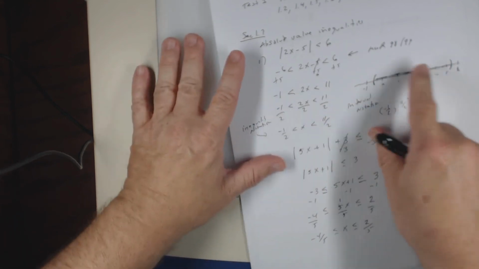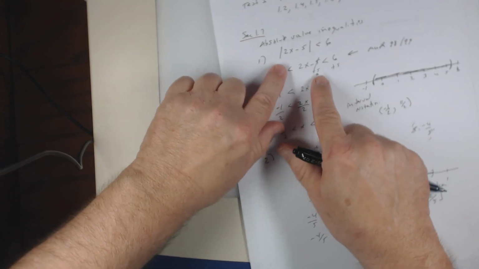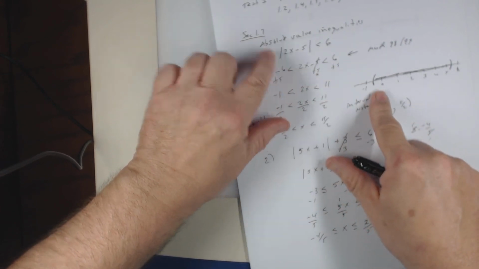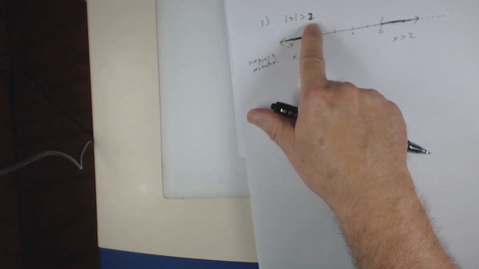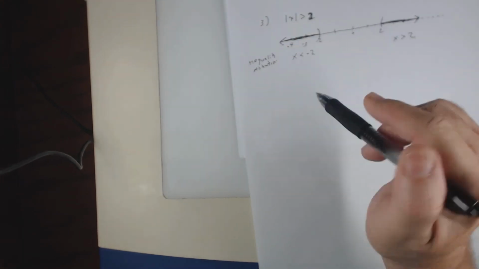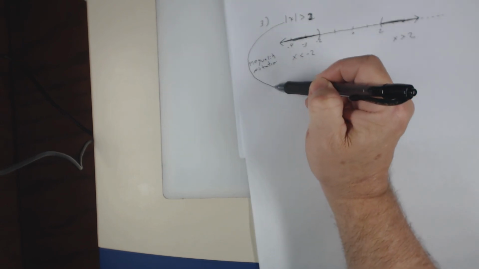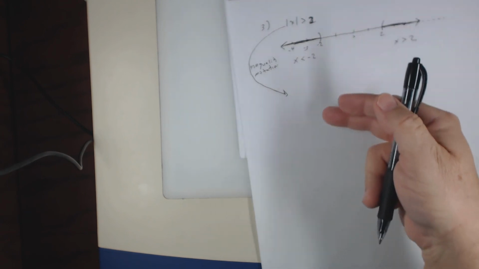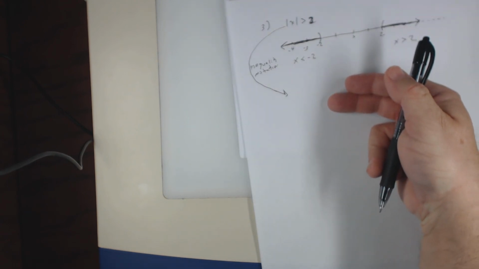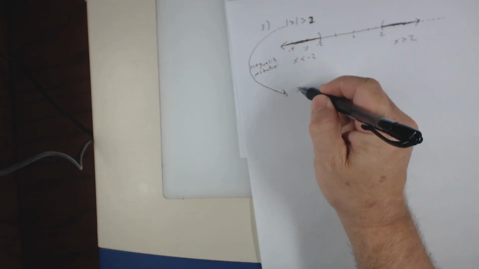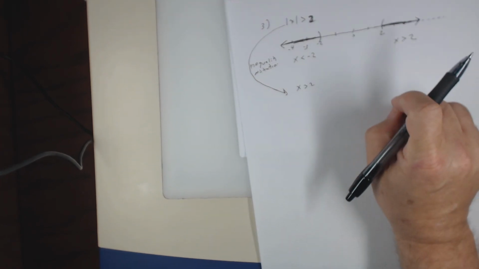Over here, though, remember what I did to go from here to this part, I just rewrote what I saw. Well, rewrite what you see without the absolute value bars. What do you see? x is greater than 2. So when you go from this step to setting it up, you're going to say x is bigger than 2, which is what this is.